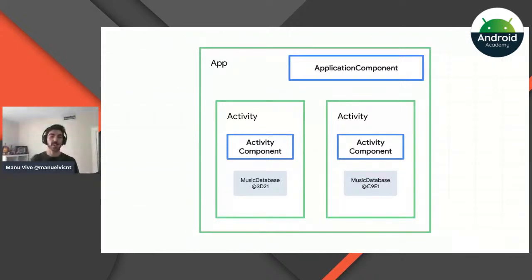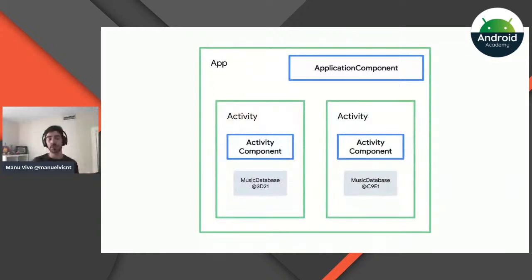And this is because by default, Hilt is always going to provide a different instance unless you specify otherwise. So ideally here, we would want to reuse the same database because of shared connections for synchronization purposes and a common location for observers. So how can we share this music database between these activities?